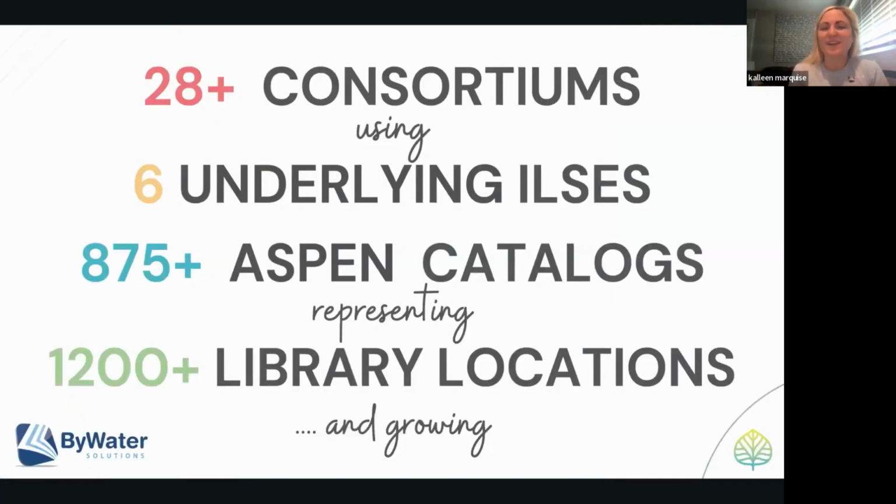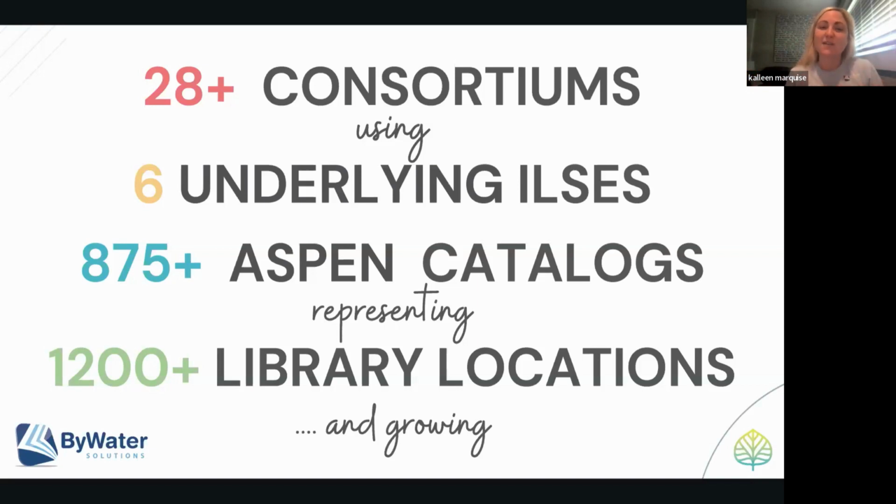With consortiums, currently, as of today, I just pulled these statistics yesterday, we support 28 plus. I say plus because we have some consortiums maybe in different phases of going live or launching, but we have 28 plus consortiums ranging in size from 3 library systems to 500 library systems. So lots of variety there.